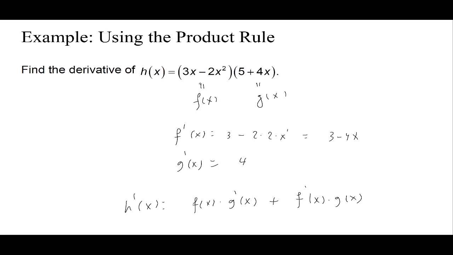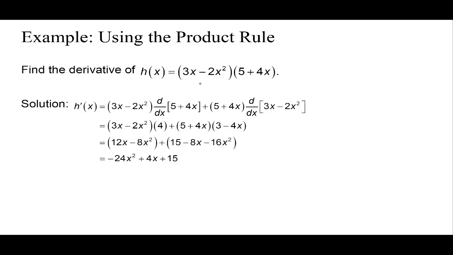What is g prime of x? 4. What is f prime of x? 3 minus 4x. What is g of x? 5 plus 4x. And that's how we can find the derivative of this product function. So this is the complete work here. And eventually, after finding the derivative and putting in the values, you have to simplify things. After simplification, you are going to get this value here. Okay?